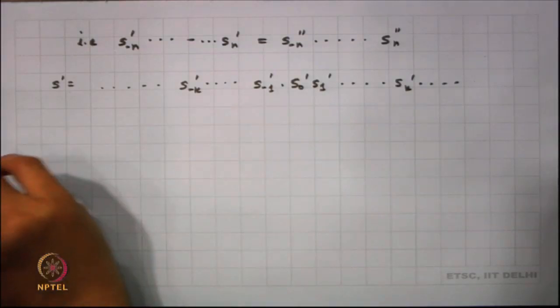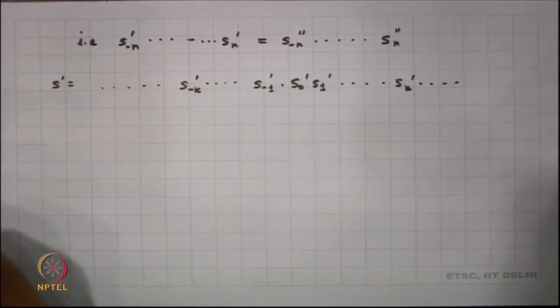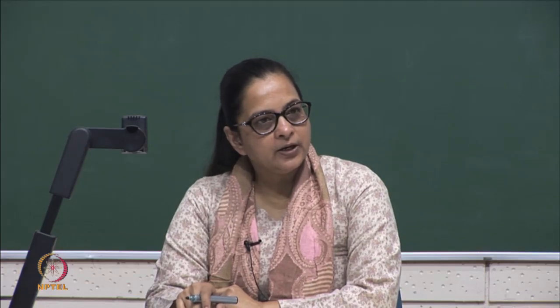Now, for a given positive epsilon, we find that all the sequences which are epsilon close to S prime should agree on the middle block.